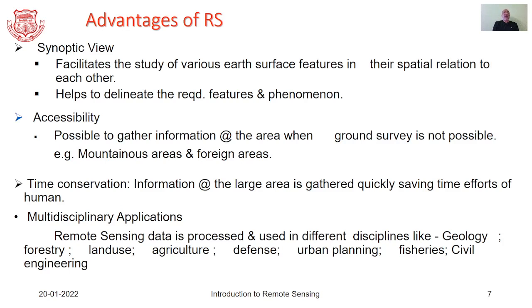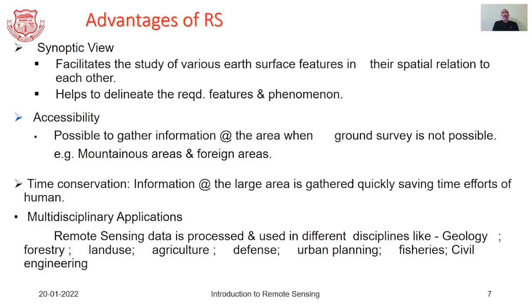That may be a hazardous area, that could be a mountainous area, or through certain oblique techniques, one may catch some of the features which are not even situated within the ethical boundaries of a particular nation.